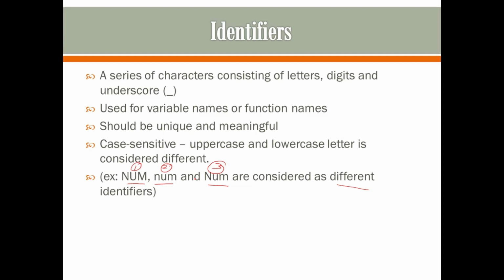Machine language uses binary numbers. Does capital letter A and small letter a have the same binary number? No. So that's why the computer, a machine, considers those three as different identifiers.